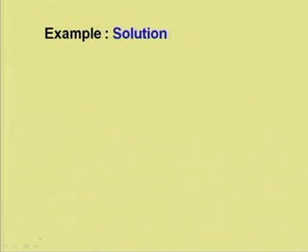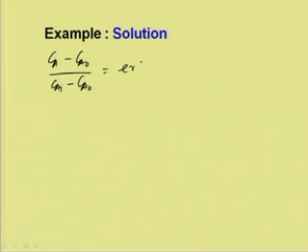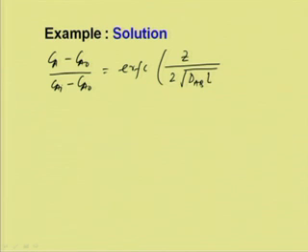Now, the concentration profile (C_A minus C_A0) divided by (C_AI minus C_A0) is equal to the complementary error function of z divided by 2 root over D_AB t.